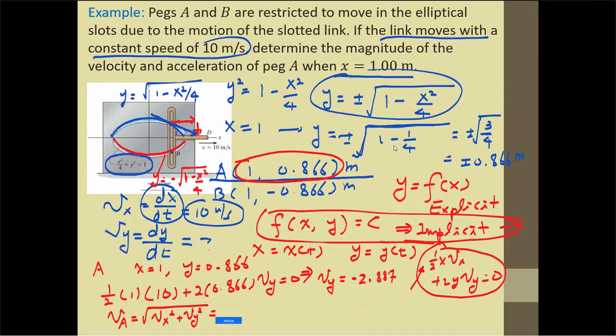Then plug in: x component is 10, y component is negative 2.887, squared. Turns out to be 10.4.